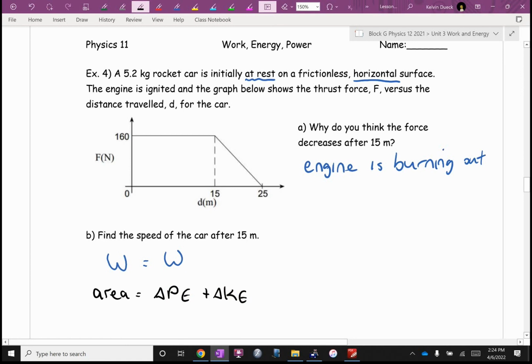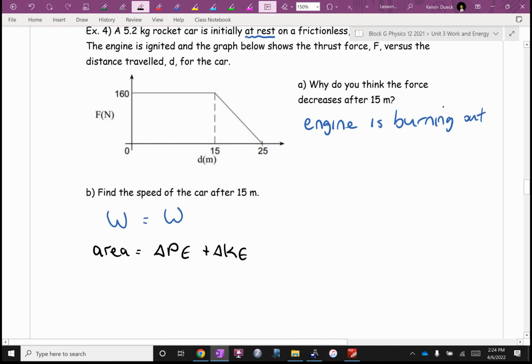Oh, and Taryn, what did we say the change in potential energy was? Because it's a horizontal surface. And what was our initial kinetic energy? So change in anything is final minus initial. I think we just end up with half mv final squared. That tidied up that side nicely.